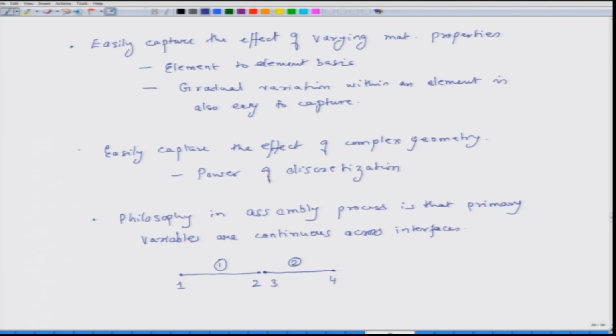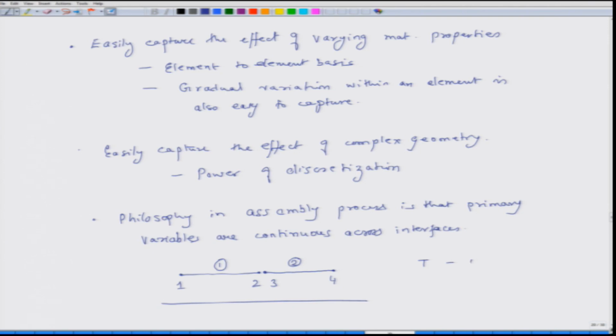So, nodes 1 and 2 are for element number 1, and nodes 3 and 4 are for element number 2. And let us say that this is a problem of heat conduction, and we are interested in finding how temperature is varying across the elements, across the geometry.